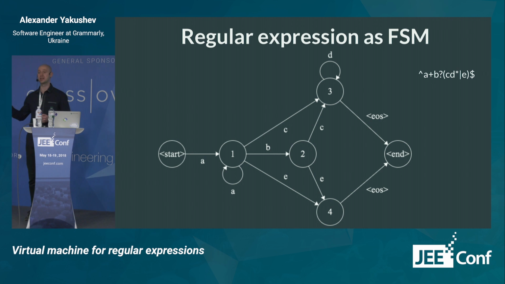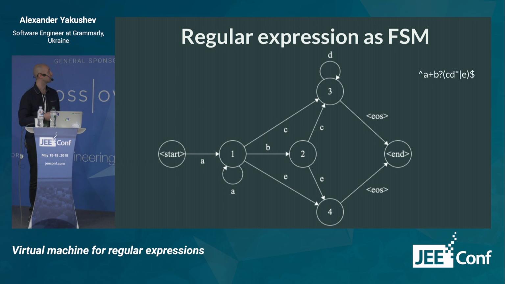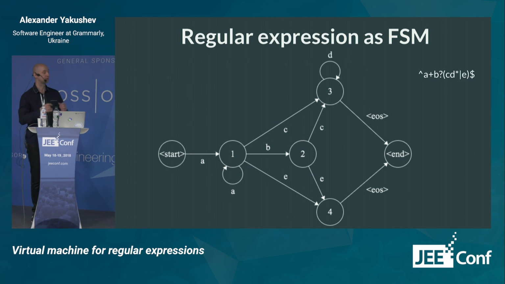The other way to represent a regular expression is the finite state machine. This is the same regular expression over here, and we say that we start at the starting node, and we can get to node number 1 if the current symbol is A, and from there we can loop in this cycle of A, staying in this first node, and from there we can get by B into node 2.